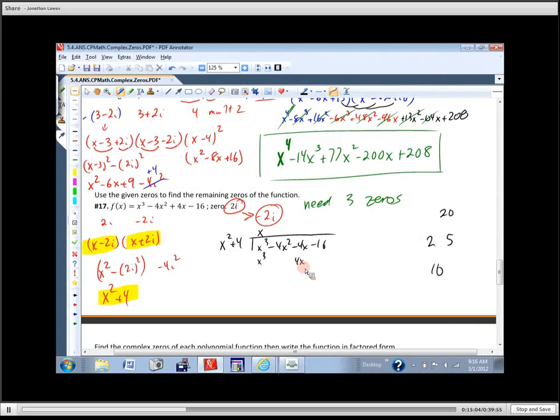That's where I put it. Then I subtract. So this is going to be a minus 4x squared. This is going to be a minus 8x.